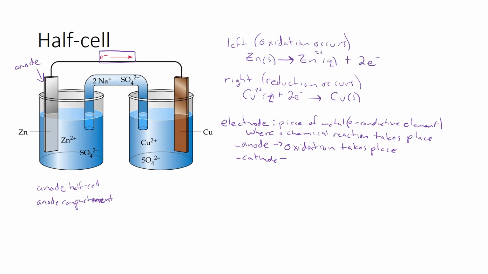And so at the cathode, reduction takes place. And so the side that has the copper in it is the cathode half cell, or the cathode compartment. Okay. And the electrode here, this piece of copper metal, is the cathode.